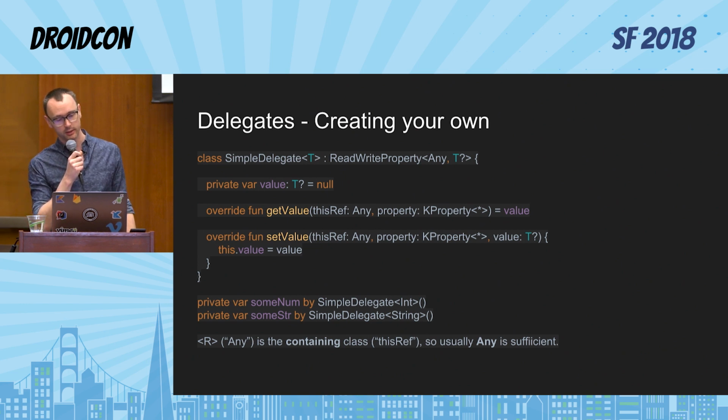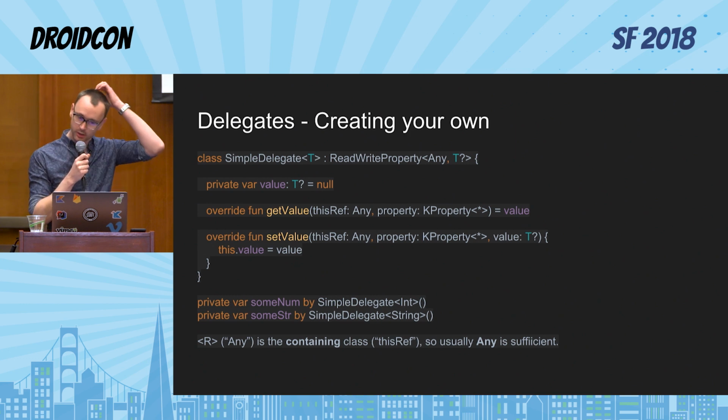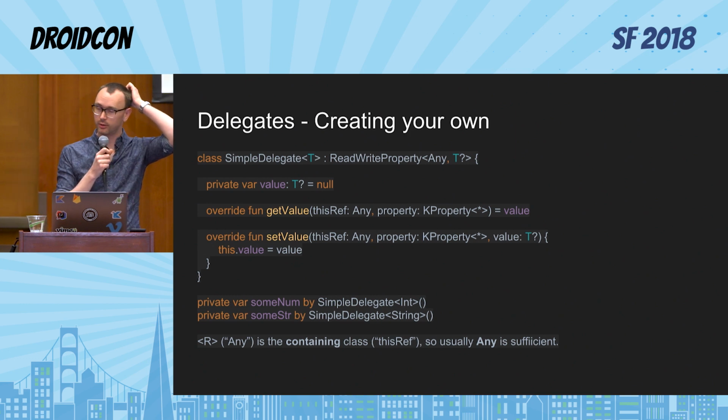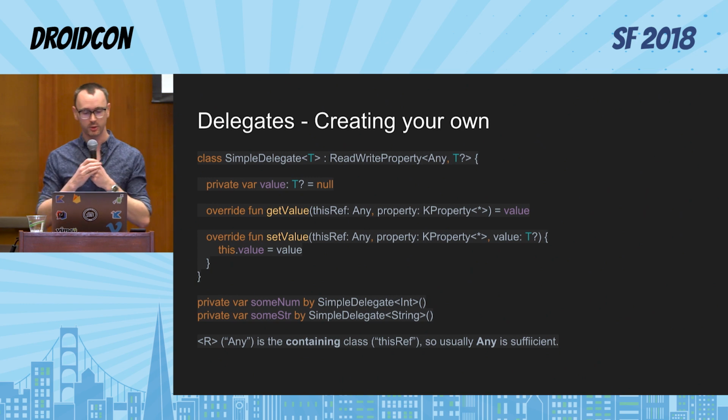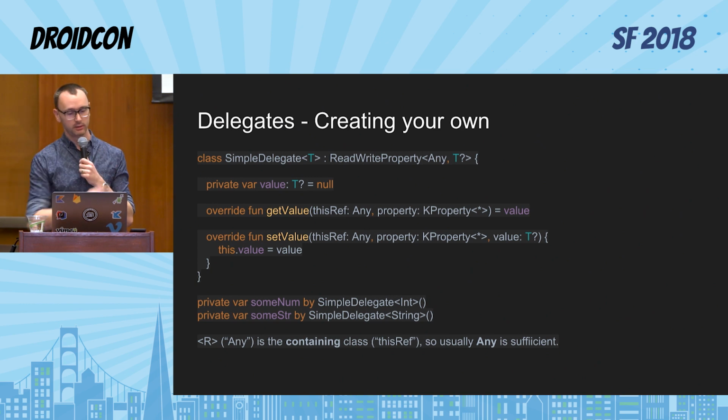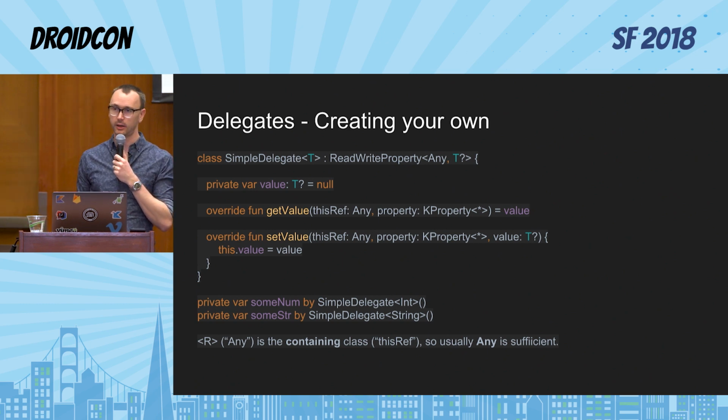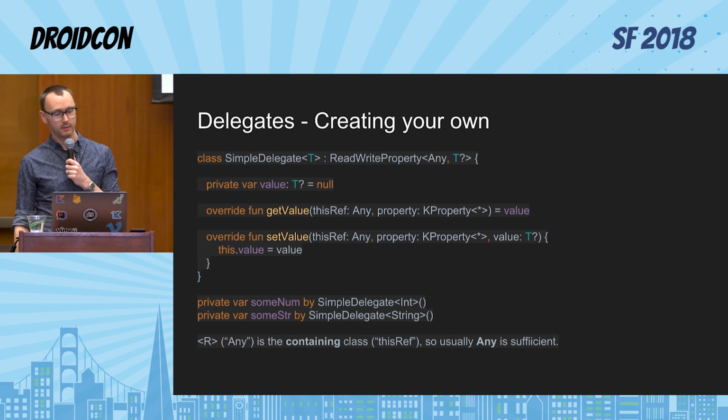So if you were building a delegate that you only ever wanted to be used within something like an Android fragment, then you'd use fragment there. And then that delegate can only be used within a fragment. And then in the 2 methods that we implemented, you get a reference to that thing. So then you could use context or something like that from fragment. In almost all cases, any is the right thing to use there, as long as your delegate can be used globally.